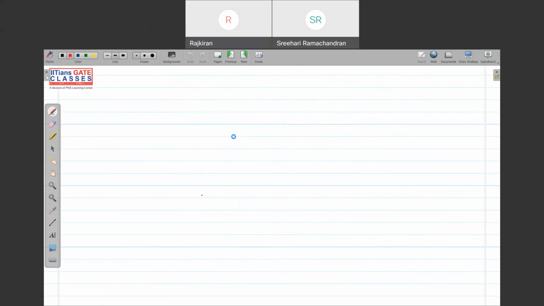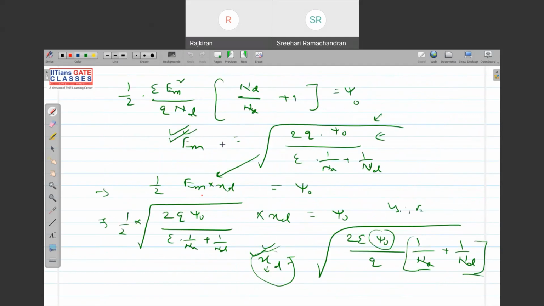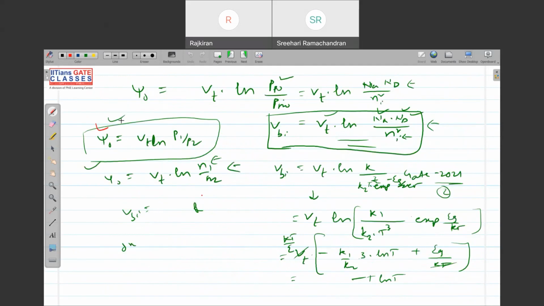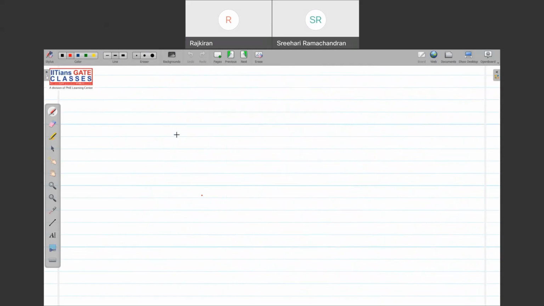We have explained last time that the built-in potential is given by Vt ln P1 by P2. So VBI is equal to Vt ln P1 by P2.